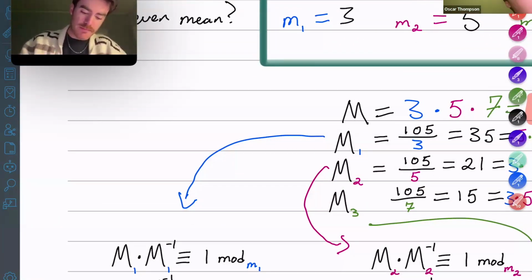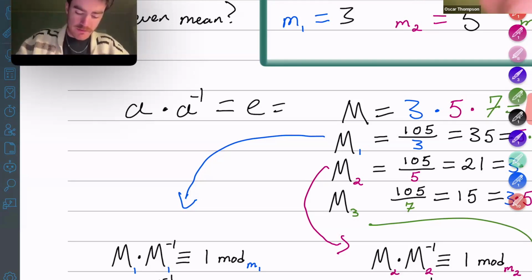So let's follow this little arrow over here and talk about big M sub 1 inverse. Big M sub 1 inverse is what we call a multiplicative inverse. Essentially, we have a number and we multiply it by the inverse of that number, and we want the multiplicative identity, which is e, or 1 in this case.